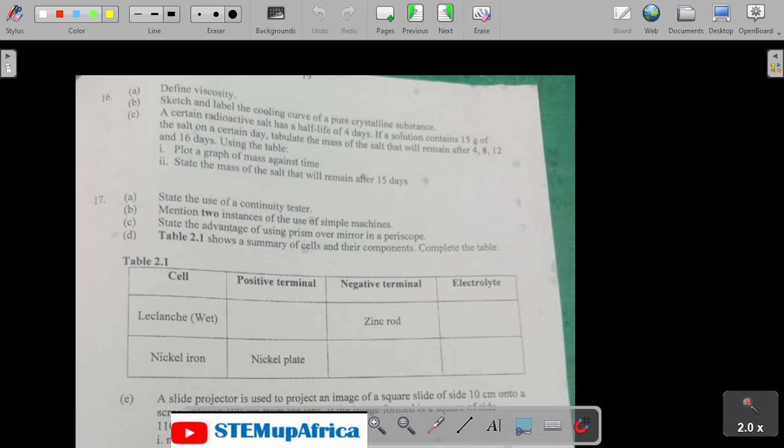Okay, so this is the diagram for 16b. 16c says a certain radioactive salt has a half-life of 4 days. If a solution contains 50 grams of the salt on a certain day, tabulate the mass of the salt that will remain after 4, 8, 12, and 16 days. Then use the table to plot a mass against time.